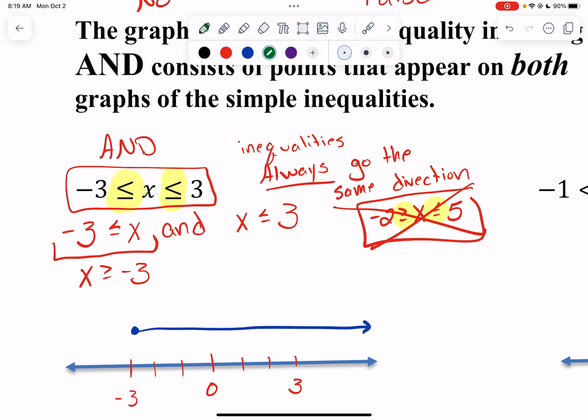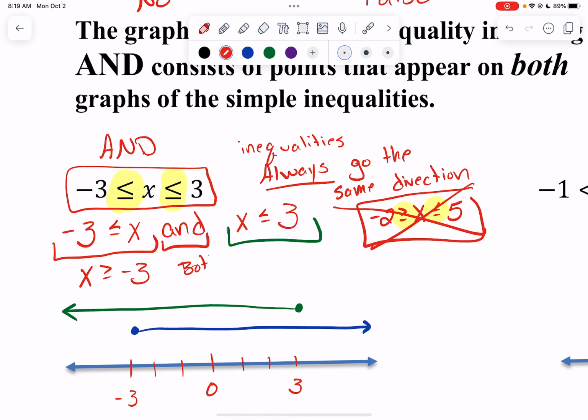Now for this guy, I know x has to be less than or equal to 3. So we go from here down this way forever. But it is an and statement. Both must be true. So for them both to be true, on my final graph, I'm only going to shade where it's both shaded on the blue and shaded on the green.